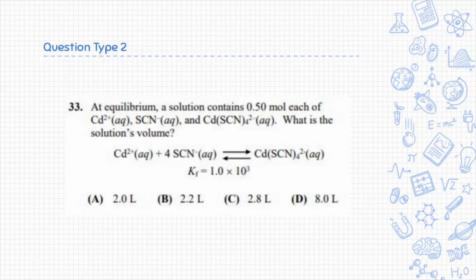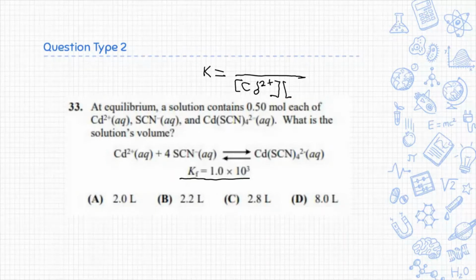They give you an equilibrium constant, and they also give you how many moles each of the products and reactants have. Since the solution contains 0.5 moles each of all 3 of these, we know from writing this equilibrium constant that these are reactants, so the concentration would be down here.